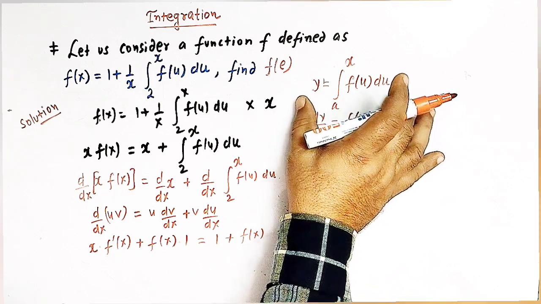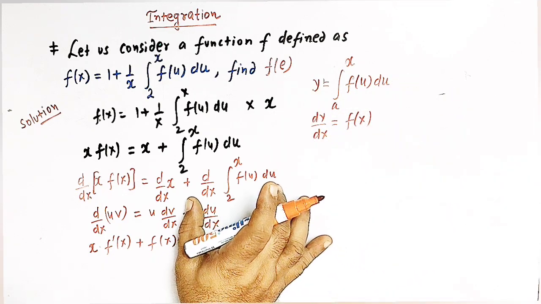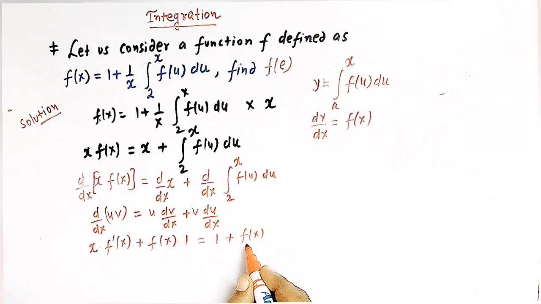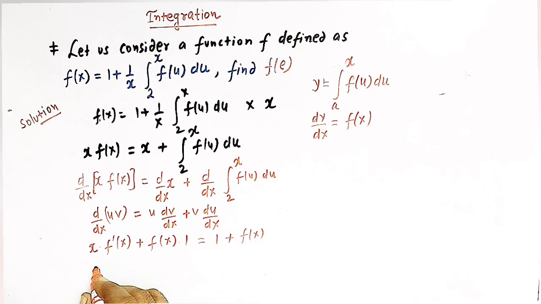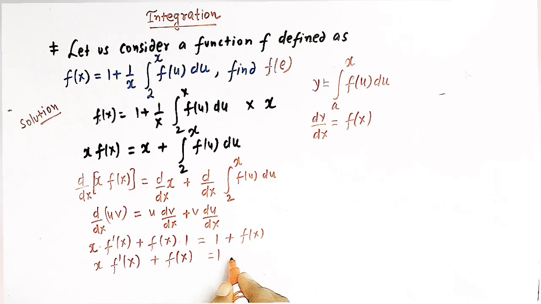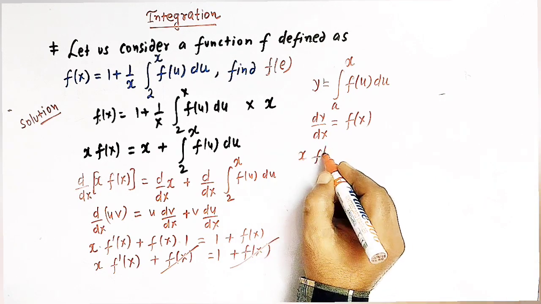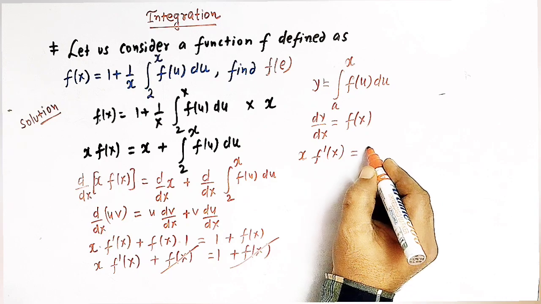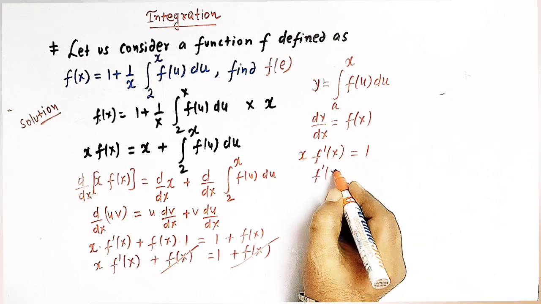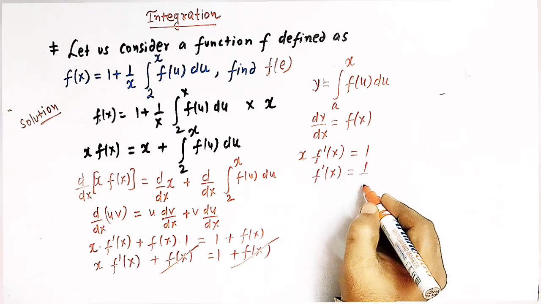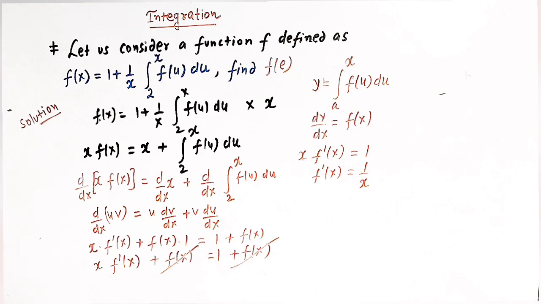So this property is being used over here. So we have here simply f of x. So now we have x f prime of x plus f of x, and this is equal to 1 plus f of x. Now f of x and f of x get cancelled, so we have simply x f prime of x is equal to 1, and f prime of x is equal to 1 over x.